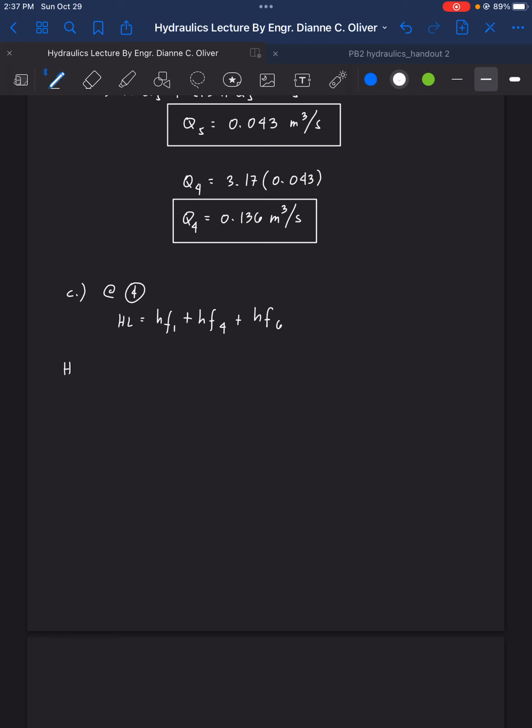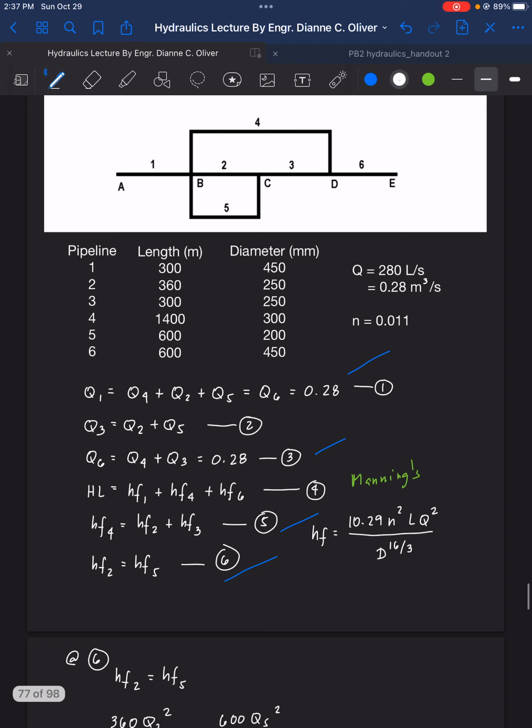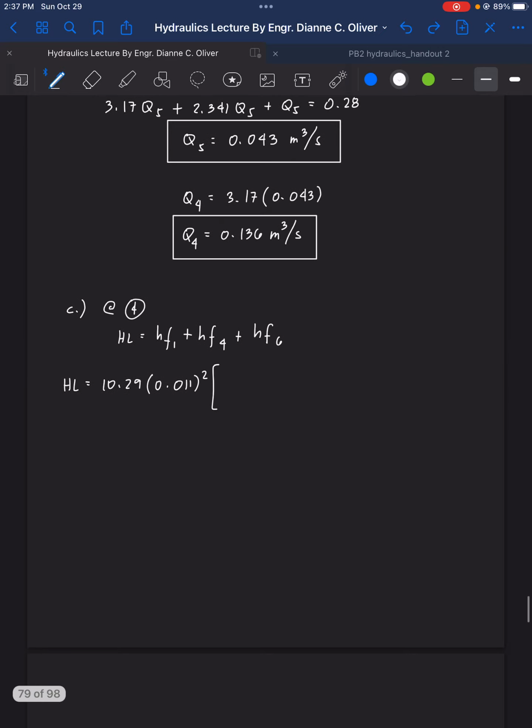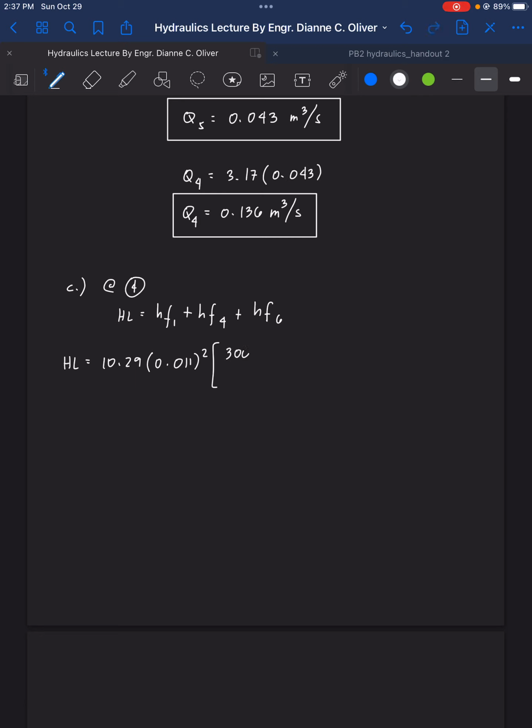So head loss is equal to 10.29 times 0.011 squared. So for HF1, our pipeline 1 is 300 meter length and 450 mm diameter. So 300, and the Q is 0.28 squared, over 0.45 raised to 16 over 3, plus HF4.